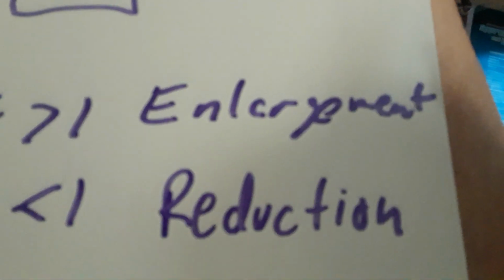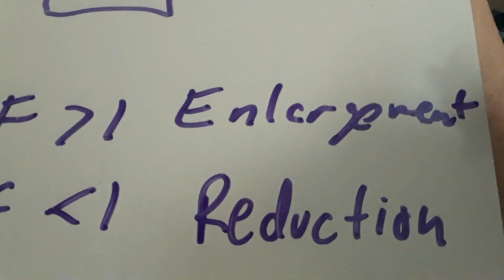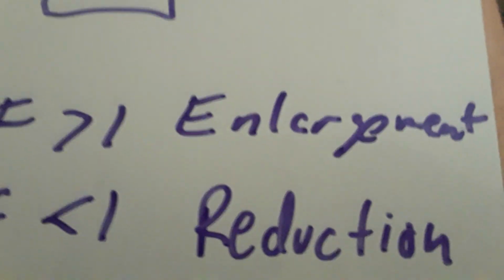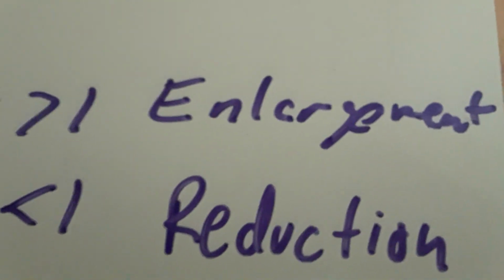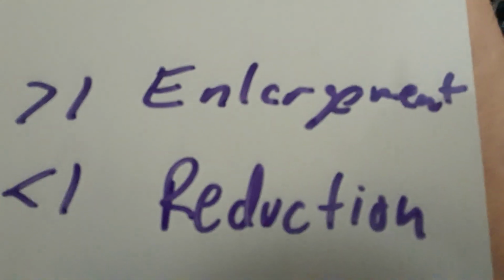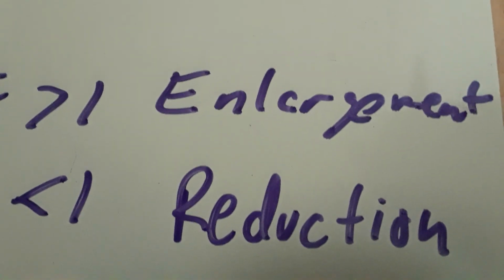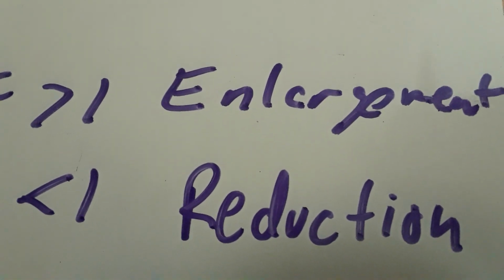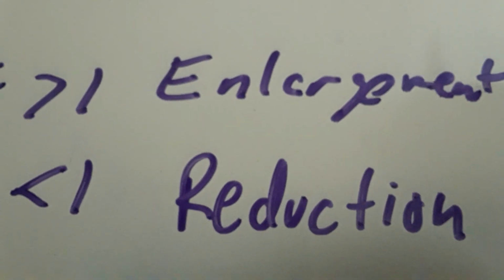All right, so that's just a little introduction to scale factor. I'm going to show you how to set up proportions and also look at polygon similarity and triangular similarity in another short video. Okay, so I just wanted to start you off with scale factor.